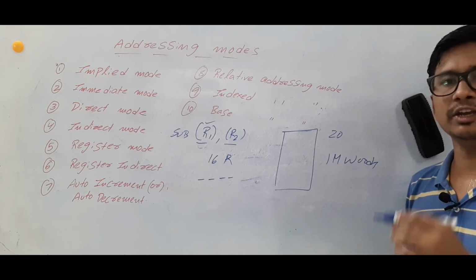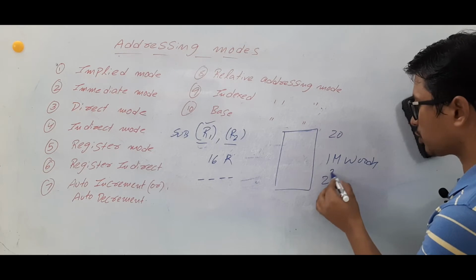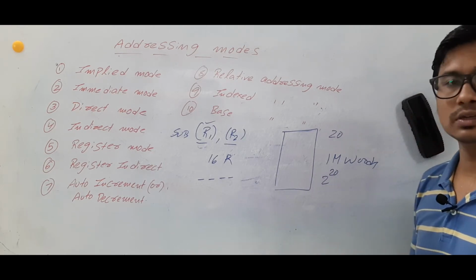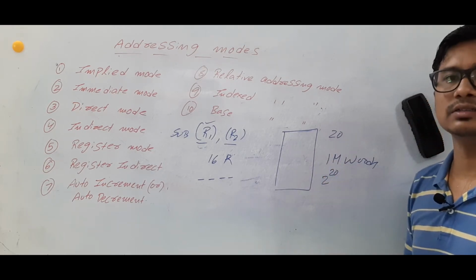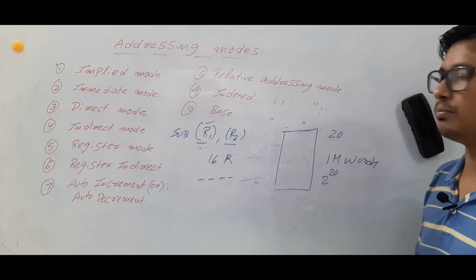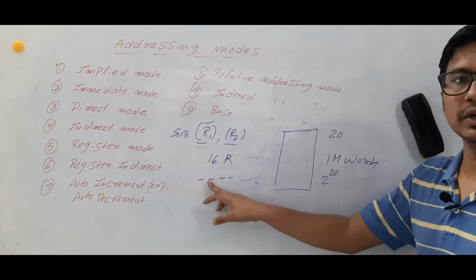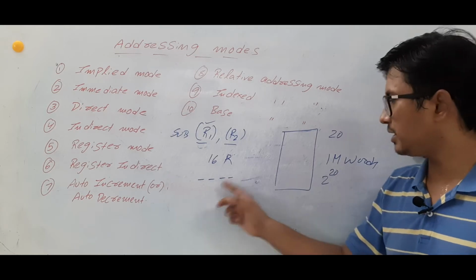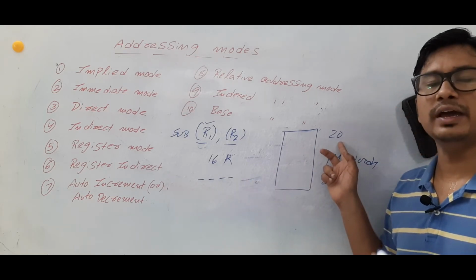Am I right? To identify one of the words, because 2 power 20 is 1 mega words. So you need a 20-bit address to identify one word in the main memory, whereas here you can do it using 4 bits.